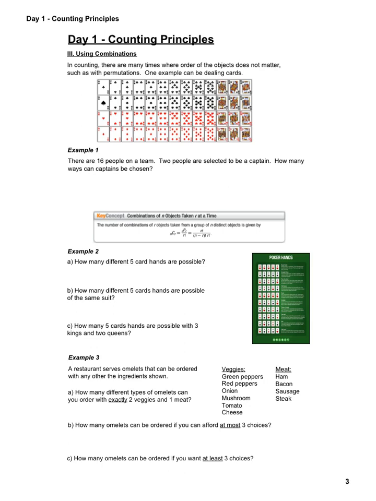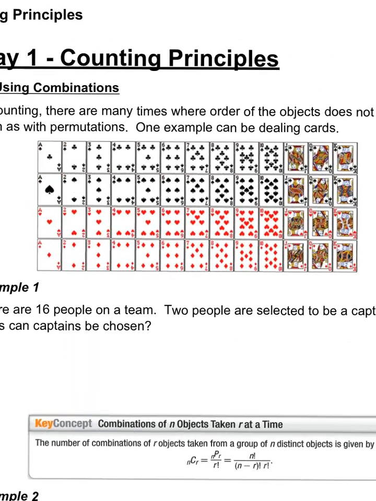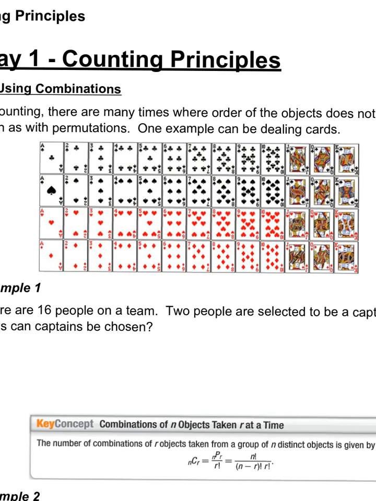The last method of counting we're going to look at and explore is combinations. Combinations are when order does not matter. And a lot of times, you guys, we're going to talk about decks of cards. So if you don't know a deck of cards, I would get to know it really fast. There are 52 cards. There are 4 different suits: clubs, spades, hearts, and diamonds. And there are 13 cards of each suit. 4 times 13 is 52.